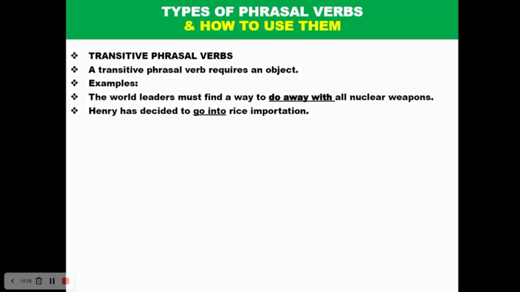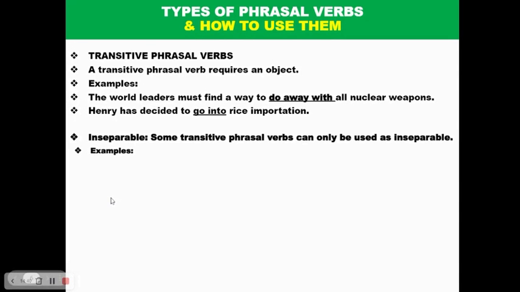Again, the sentence is incomplete if we remove the object. Henry has decided to go into. The listener must ask you a question. Into what? Rice importation. That is the object. So these are the types of phrasal verbs that are called transitive phrasal verbs because they require an object to complete the meaning of the sentence in which they are used. Okay, so that is about transitive phrasal verbs.